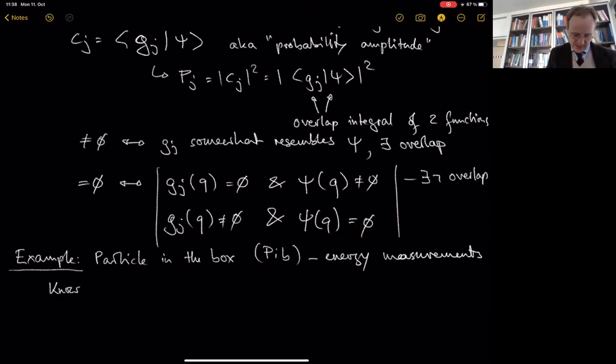Okay, so known is the solution, psi of x, and in this case we have this normalization constant.